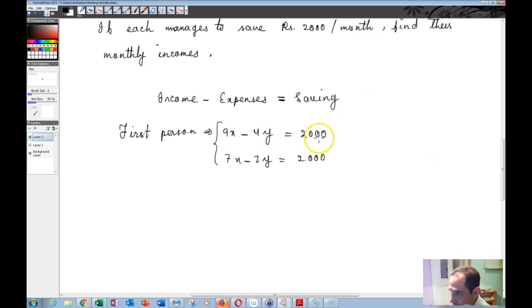So 9x minus 4y is equal to 2,000 and 7x minus 3y is equal to 2,000.